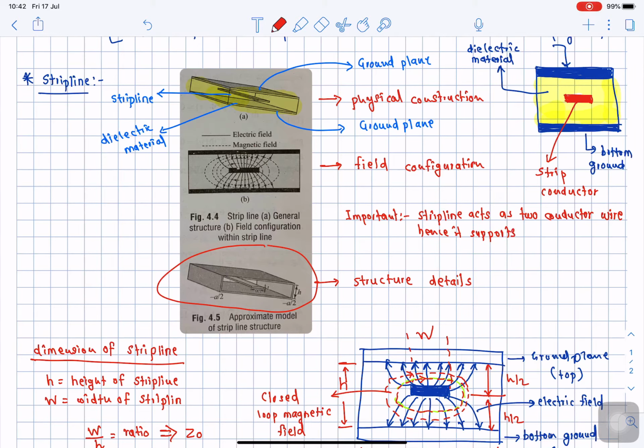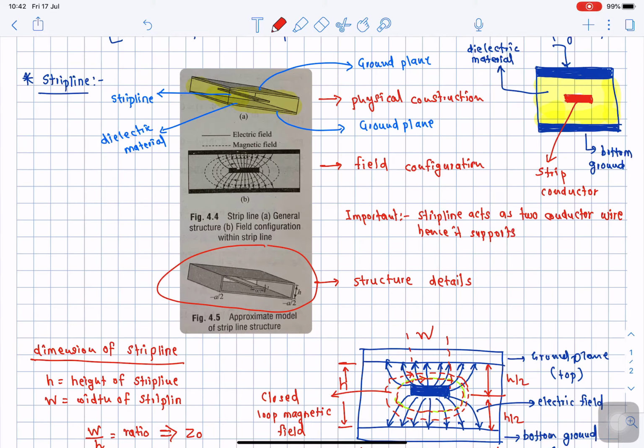TEM stands for transverse electromagnetic propagation. This is a specialty of strip line. An important property, being a two conductor system, is that the strip line can support propagation of pure transverse electromagnetic wave through it. Let us go ahead and find out the equations with which this strip line can be designed.